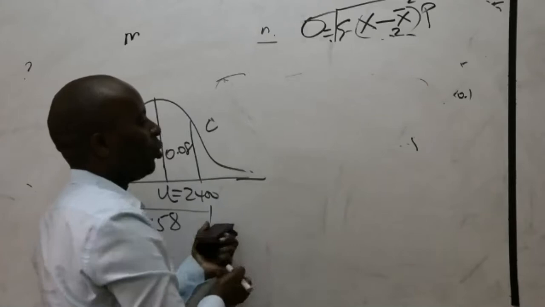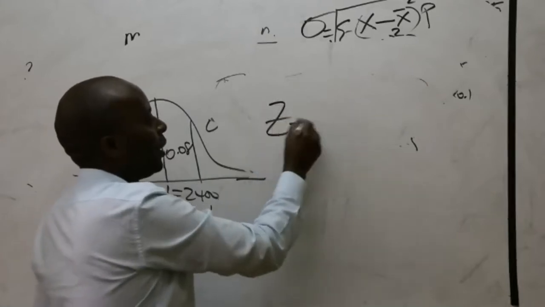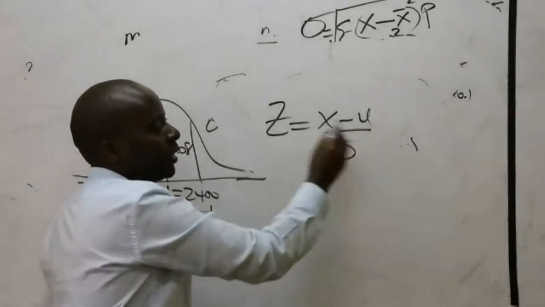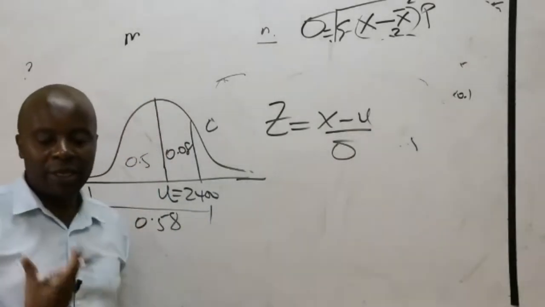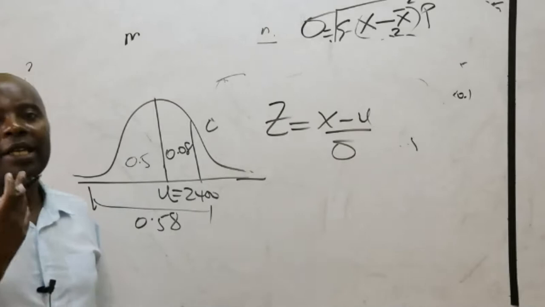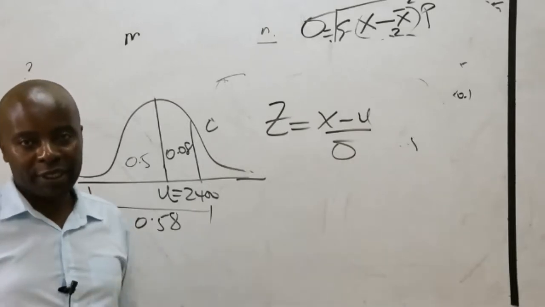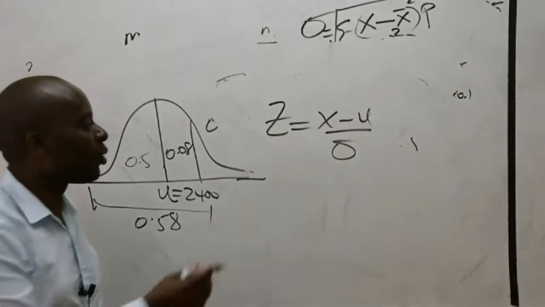So Z equals X minus mu, divided by your standard deviation. If I'm doing AFM or AMA, it's a formula that's got to be at the back of my mind always. The one of standardization.